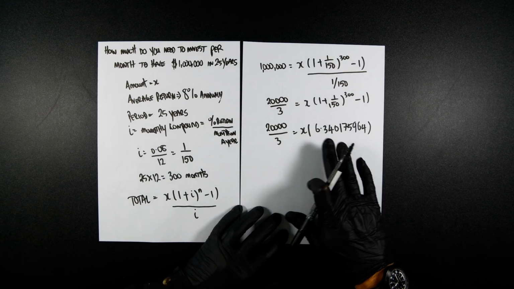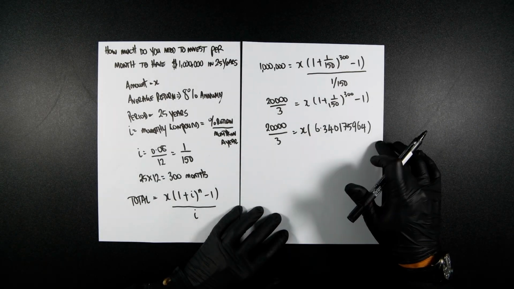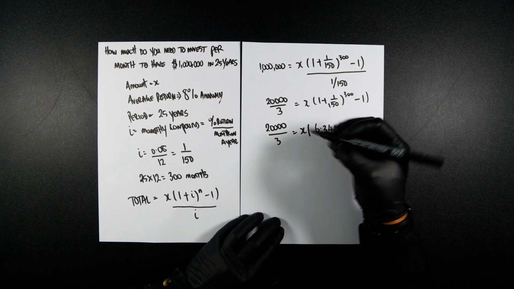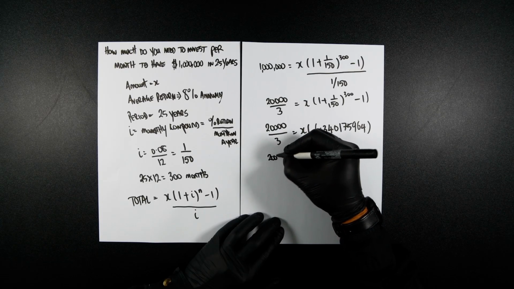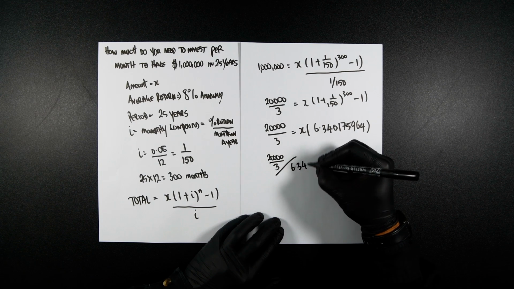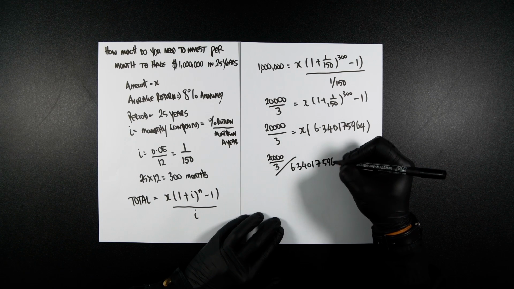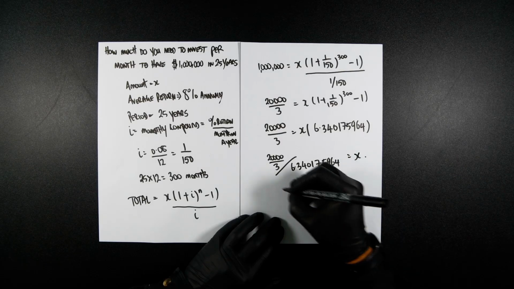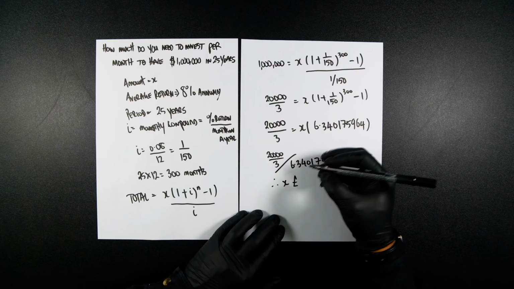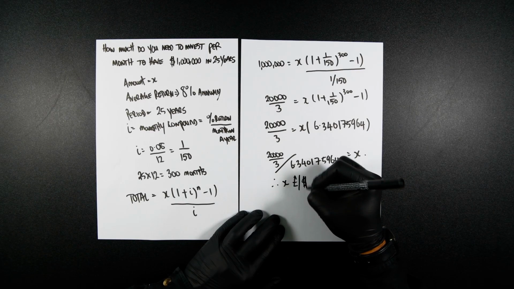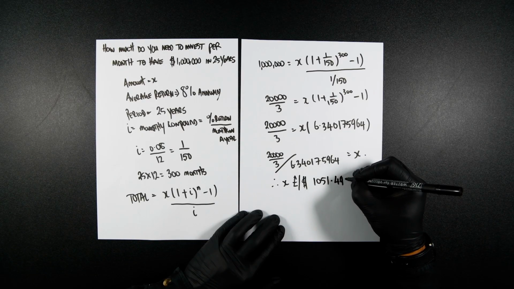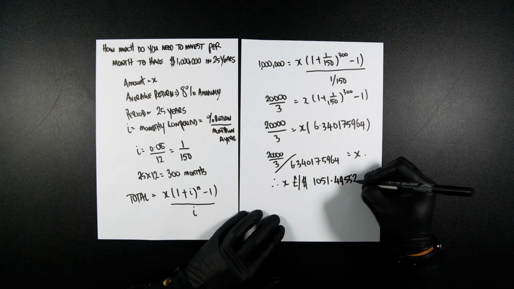And then we're going to divide both sides by this number here. So 20,000 over 3 divided by that is then going to get you what X is. So let's do 20,000 over 3 divided by 6.340175964, which is going to equal X. Therefore, X is going to equal, I can put pounds or dollars, 1,051.495527.